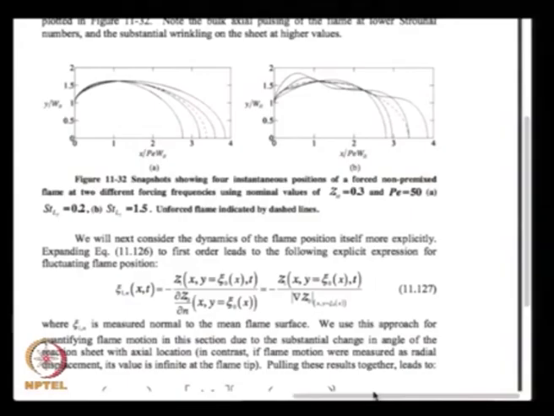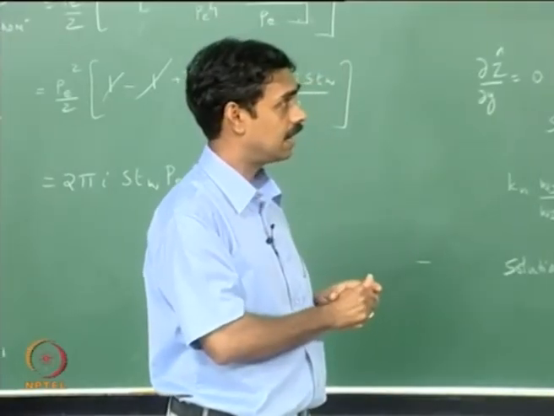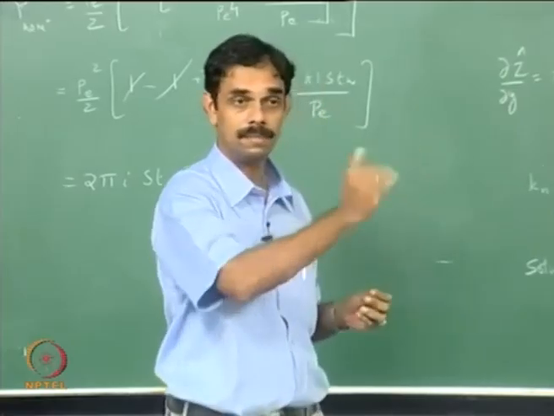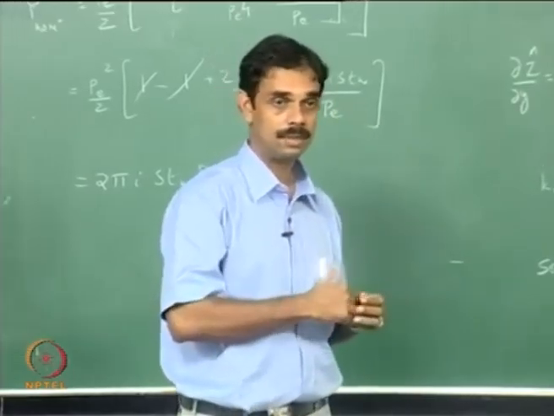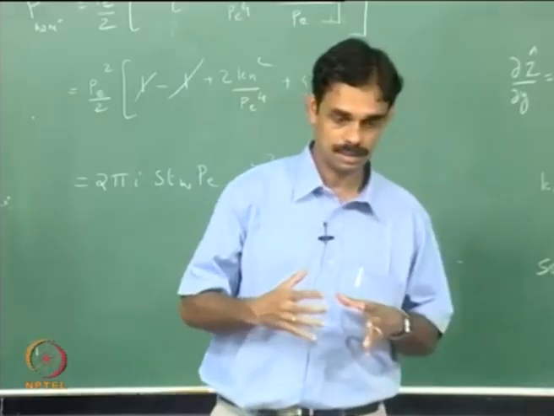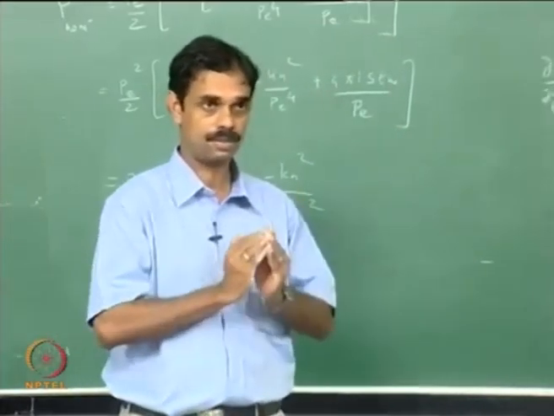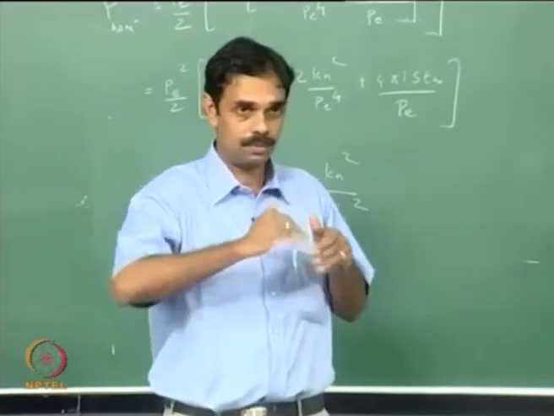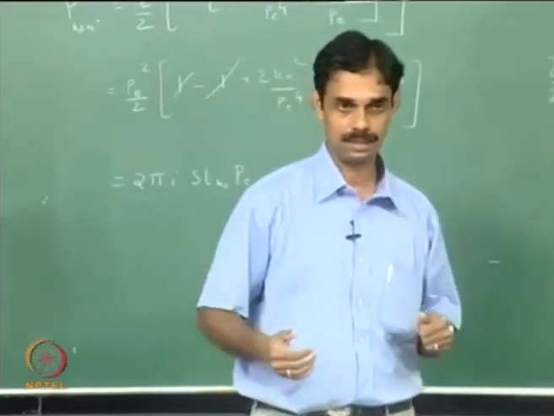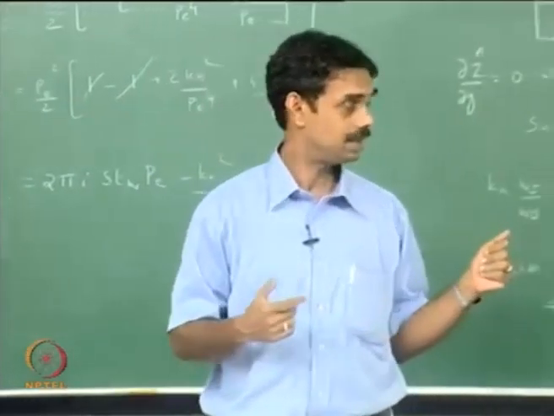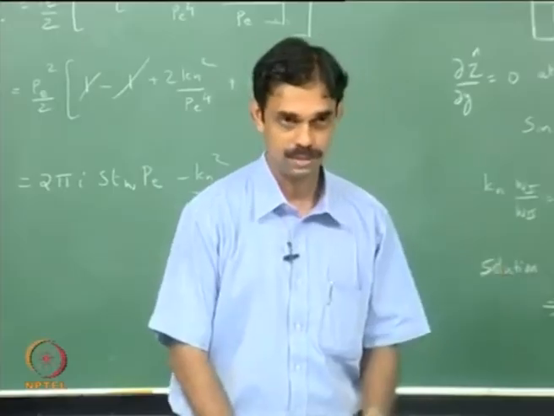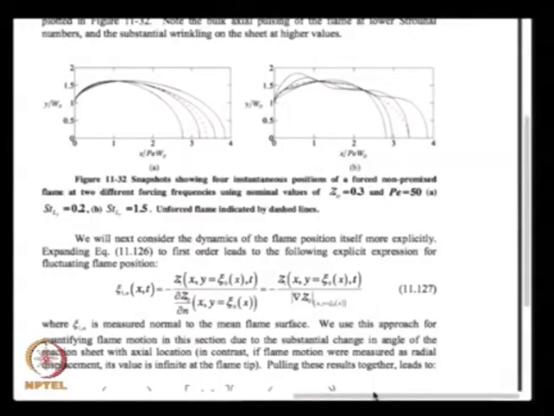So in the low frequency limit the flame just goes back and forth, whereas in the higher frequencies you actually see the flame starting to have wrinkles. At the low frequency oscillations the diffusion flame just goes up and down gently, but for the other one you see a more fancy wrinkle pattern. So this is what you can calculate by calculating the flame position. Okay, hope this is clear.